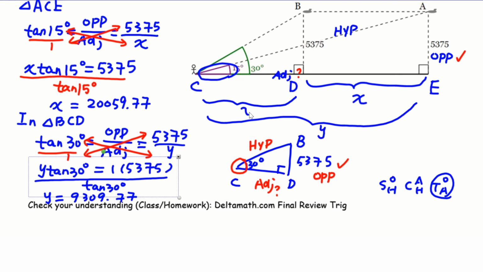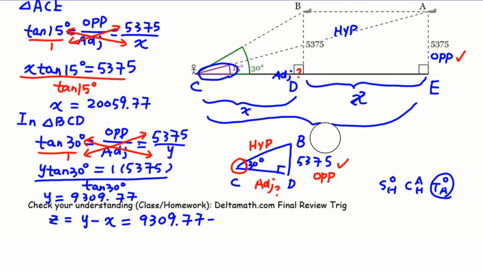Then we subtract these 2. Okay, this is x, this is y, so now the distance z equals x minus y.